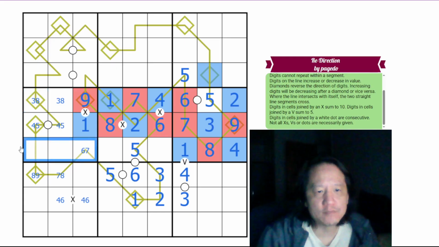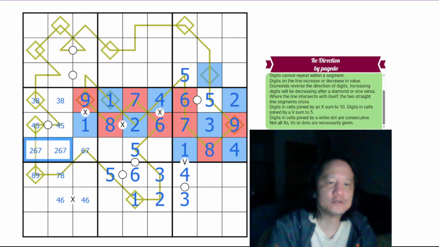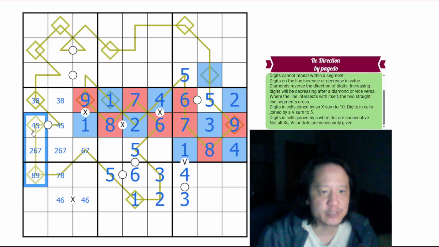Remaining digits, actually in this box, are 2, 6, and 7, because we have a 4, 5 pair and a 3, 8 pair in the box. So 2, 6, 7, but this is increasing from this 1 going up to this 8 or 9, and it must be decreasing going from this 8 or 9.